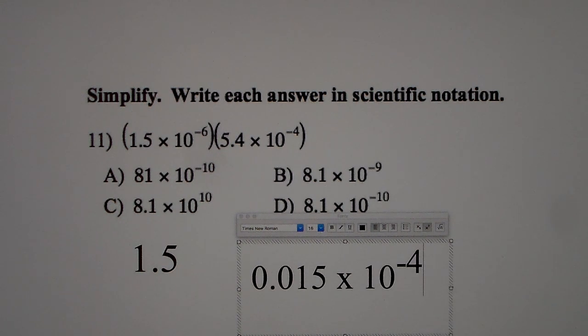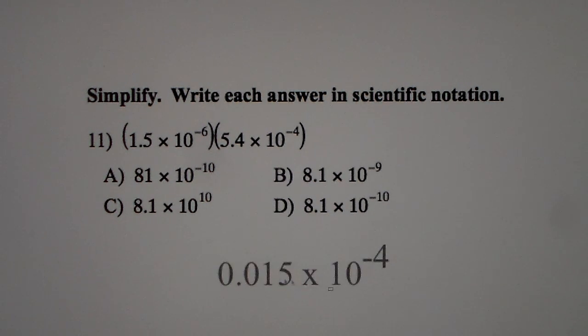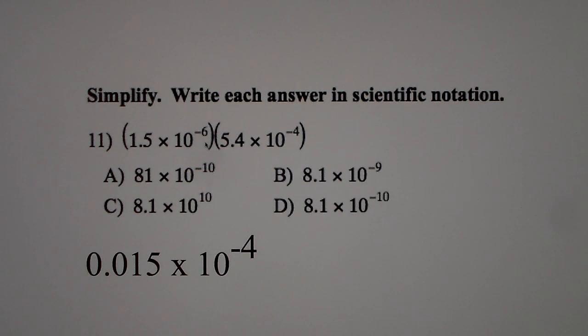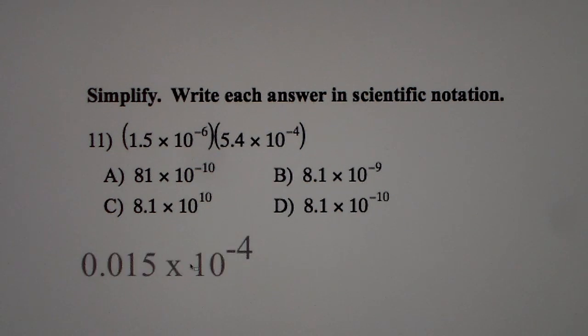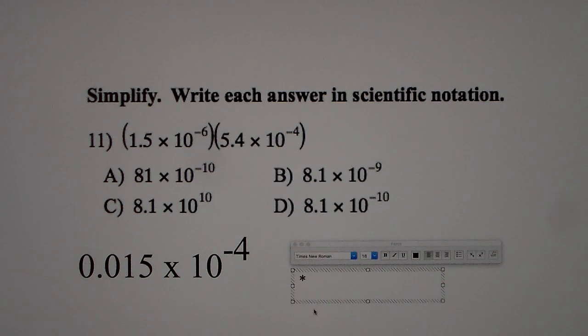I wanted to do this so both the exponential powers are the same. So we have 0.015 times 10 to the negative 4 times 5.4 times 10 to the power of negative 4.